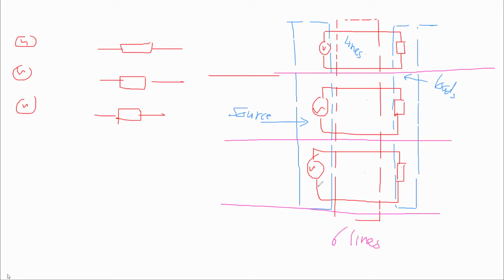How many sources do we have here? We have 3 sources. How many loads do we have here? 3 loads. So to transfer the power from the source to the load, here we need 6 lines. This is called single-phase systems.